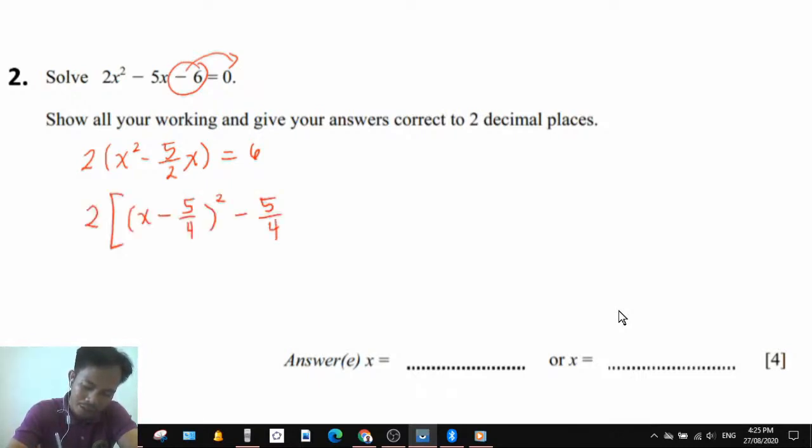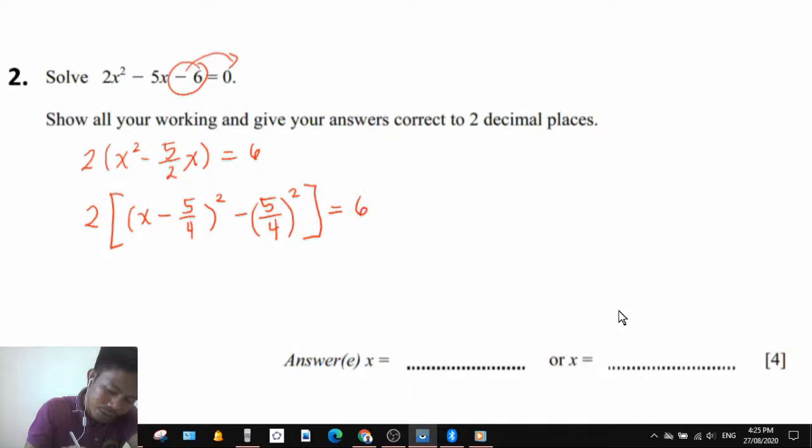Then put a bracket equals to 6. Next I'll be left with x minus 5 over 4 squared minus 25 over 16 is equal to 3.